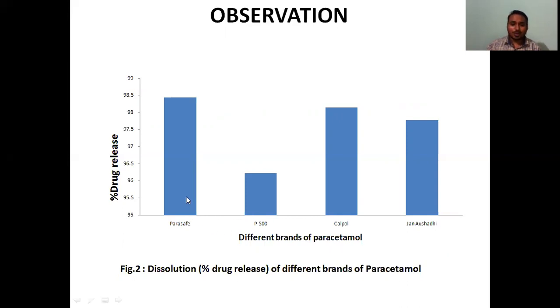If you plot it, it shows that Pansif shows the highest therapeutic effect, then P500 shows the least, and Calpol shows a moderate therapeutic effect. So we are representing the efficacy of the drug with the help of this graphical representation.